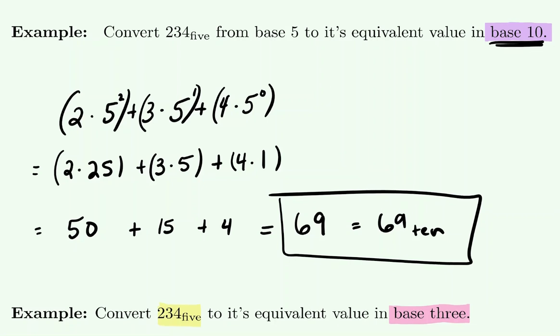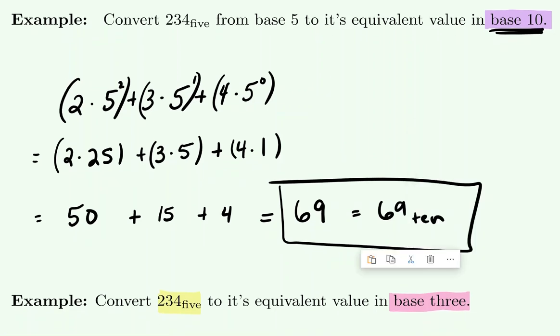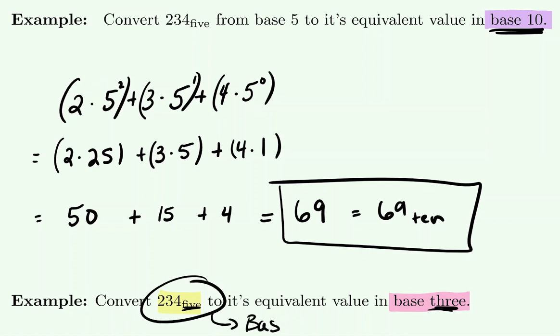Now in our next example, convert 234 from base 5 to base 3. Whenever you're going from one non-standard base to another non-standard base, it's helpful to first go from the first group to a base 10 number, and then from a base 10 number to the final base that you're looking at.